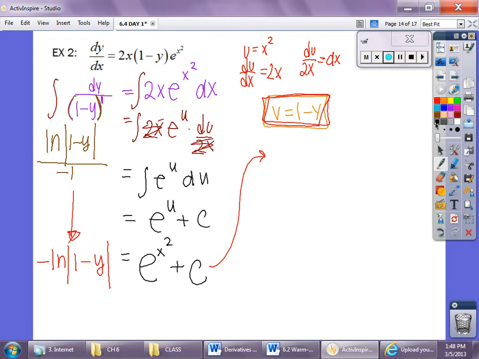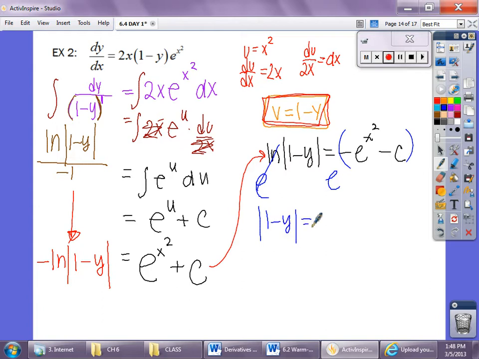So I'm going to actually multiply the negative to the other side. I am going to take e to that whole power, and we get 1 minus y equals, and right now I'm actually going to separate it. I'm going to do e to the negative x squared multiplied by e to the negative c power.